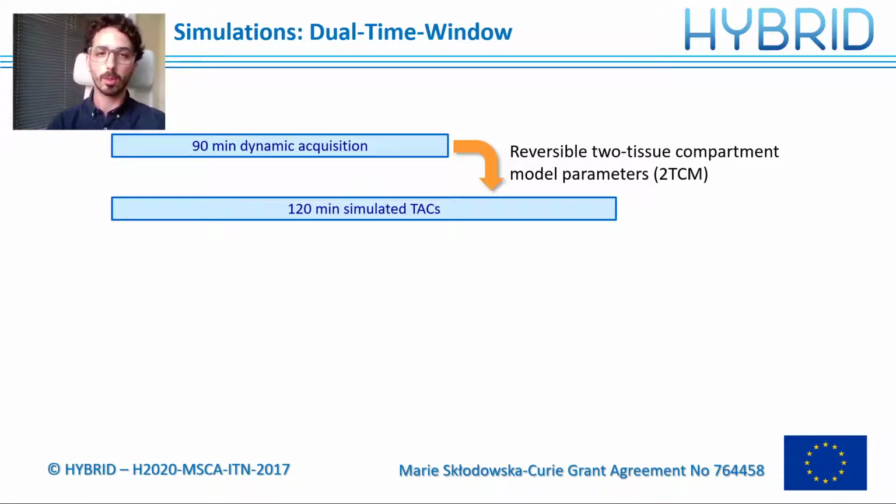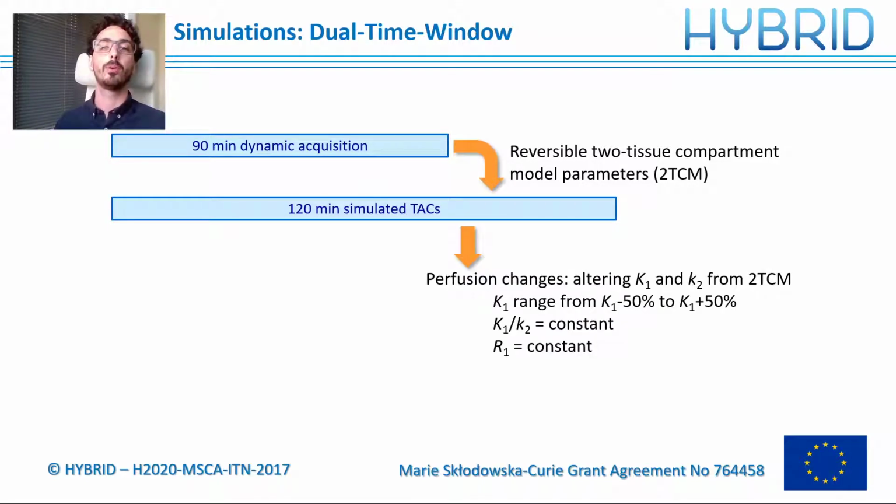From these simulated time activity curves, we could then also simulate perfusion changes by altering K1 and K2 from the two-tissue compartment model. We kept the ratio K1 over K2 constant, and also R1 was kept constant, so that proportional changes in the target regions were the same as the reference region to be used later for reference tissue quantification.